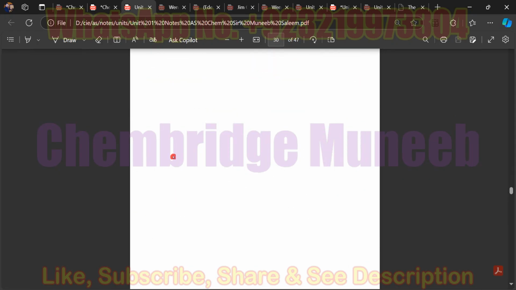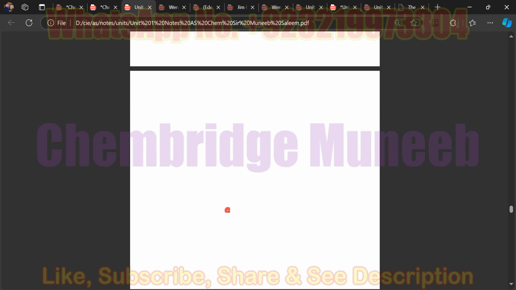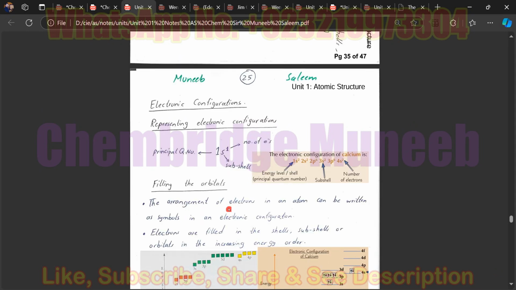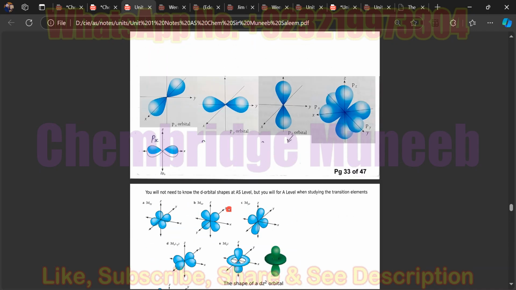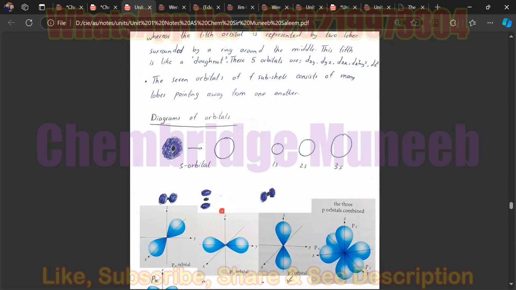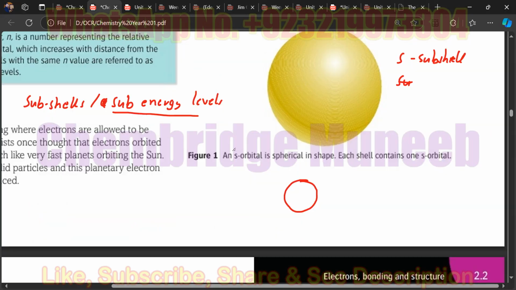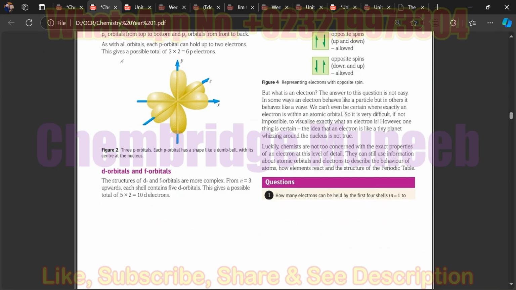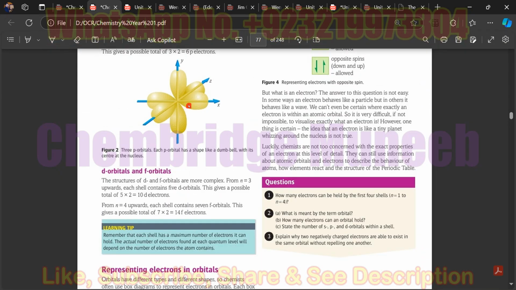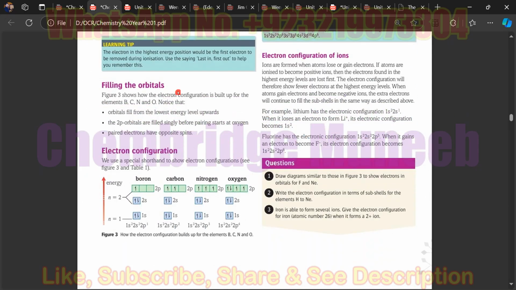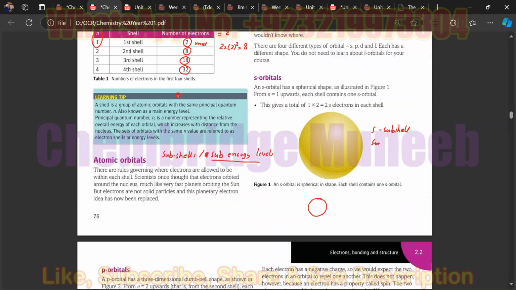I am going to show you the subshell first, and in your book you cannot see the different orbitals present in the p subshell. They have shown this whole picture, but it is not split into its own particular orbitals.